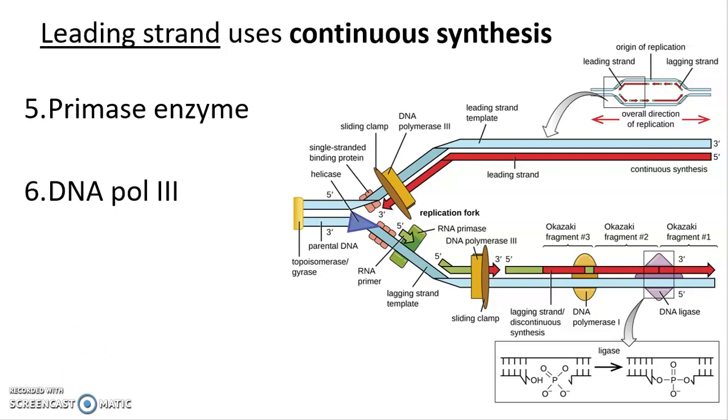And once that RNA is built into your DNA, now your enzyme DNA polymerase can come along and it will have a free 3' hydroxyl group on your DNA strand that it can use to start adding new bases there.